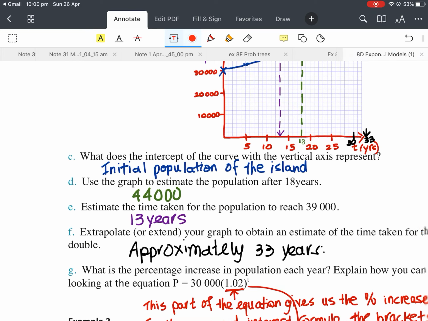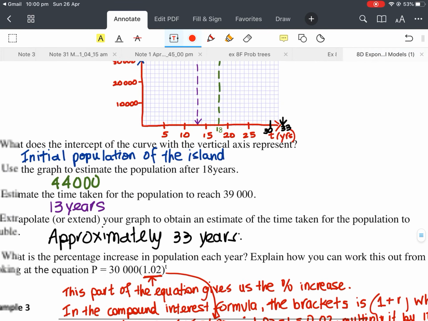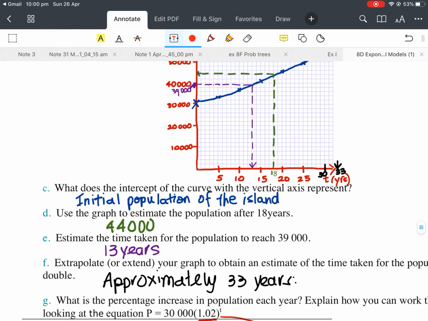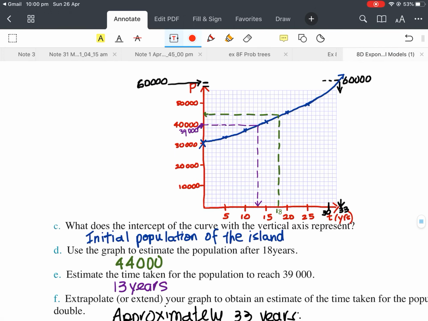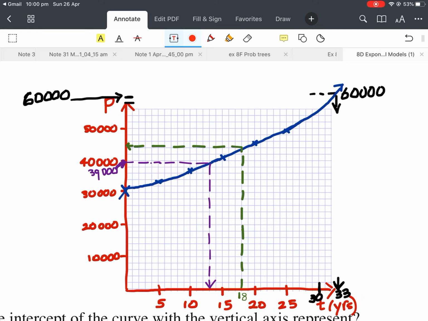Question F says extrapolate, which means to extend, your graph to obtain an estimate of the time taken for the population to double. Remember, it started at 30,000, so to double, we double 30,000, we get 60,000. So you'll notice, that's why I've put up in black there, 60,000. I had to put in an extra 2 little strokes for 2 more boxes to get there.